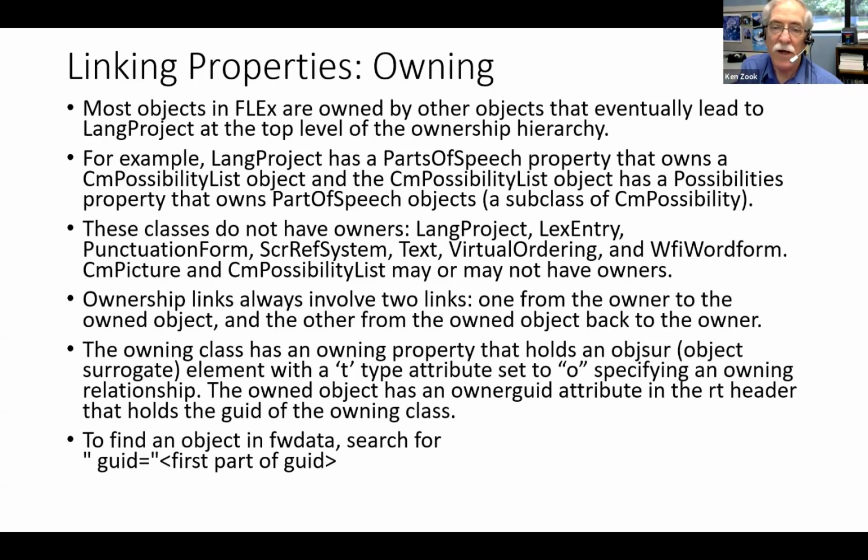Most objects in Flex are owned by other objects that eventually lead to LangProject at the top level of the ownership hierarchy. For example, LangProject has a parts of speech property that owns a CmPossibilityList object, and the CmPossibilityList has a possibilities property that owns a PartOfSpeech object, or a subclass of CmPossibility.